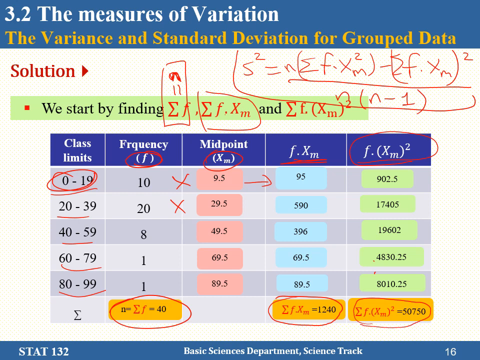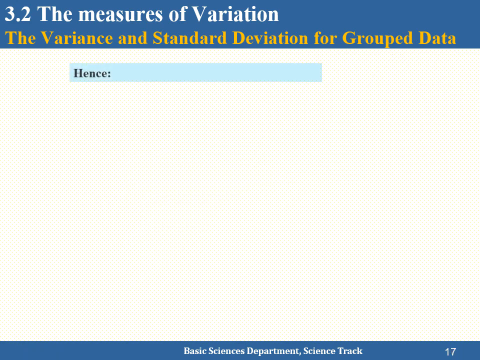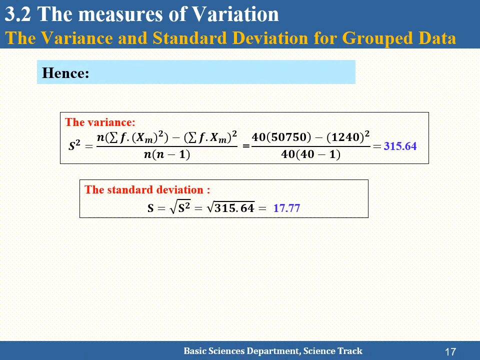After finding them, we substitute them in the formula. So let's put them in the formula. After substitution, we got the variance as 315.64, and we take the square root of it, so we got 17.77.